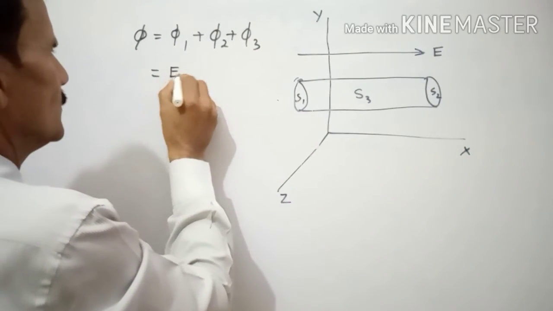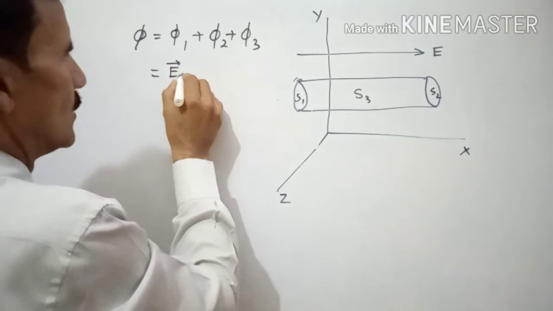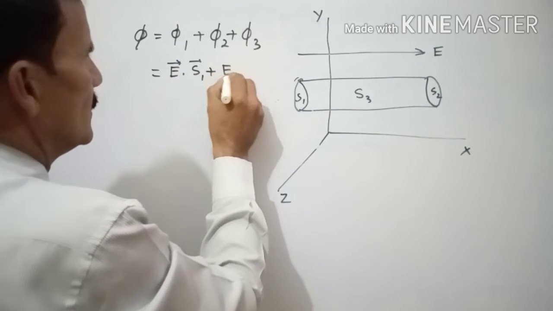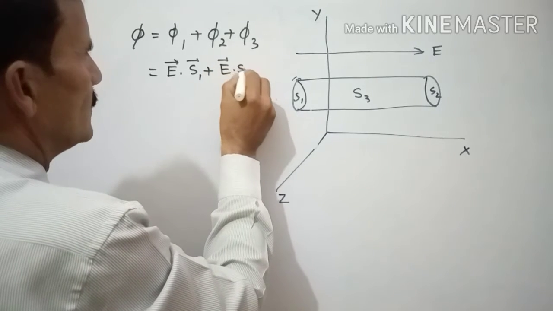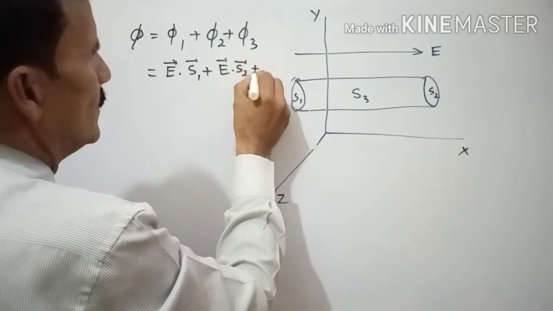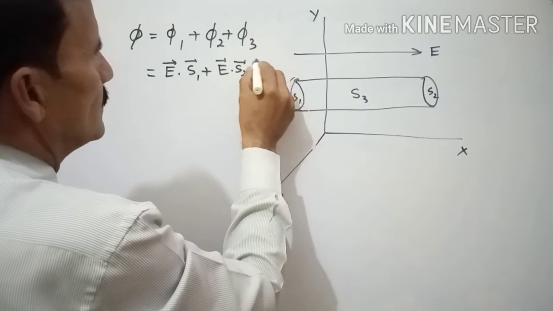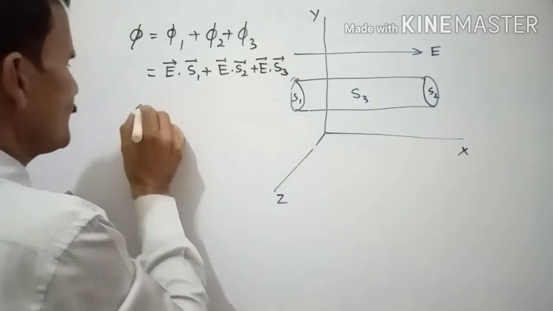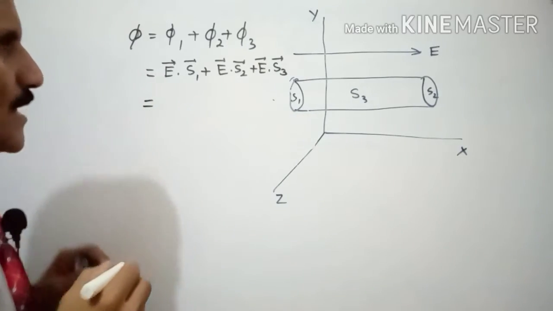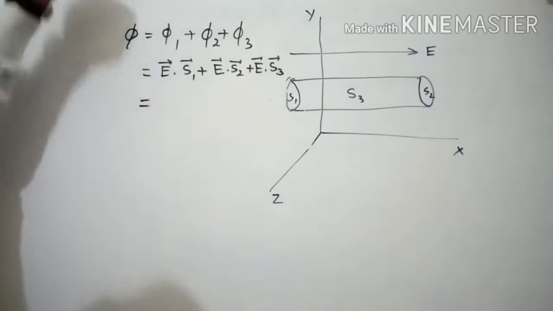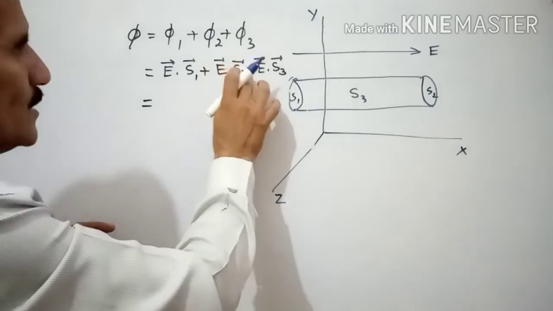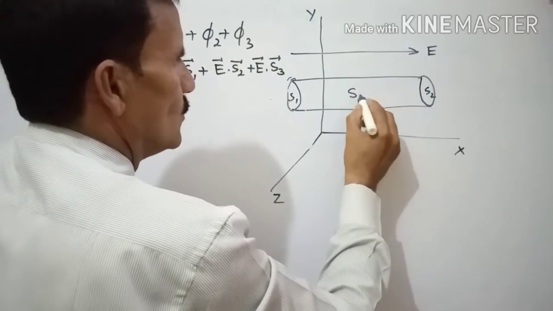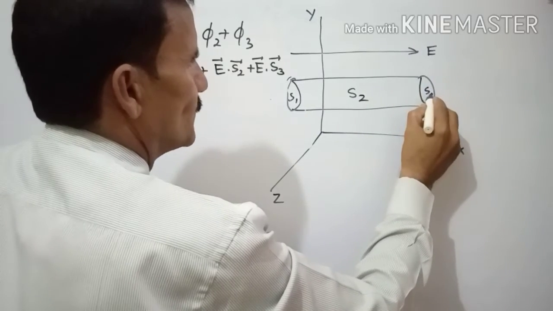So here again you will have E dot S1 plus E dot S2 plus E dot S3. Now since S1, S2 are the same, first come to this: S1, suppose it is S2 and that is S3.